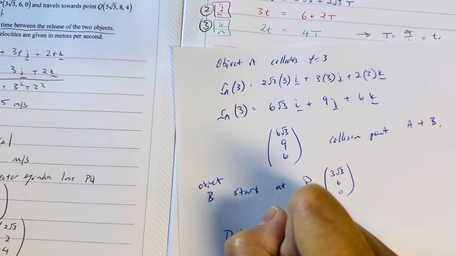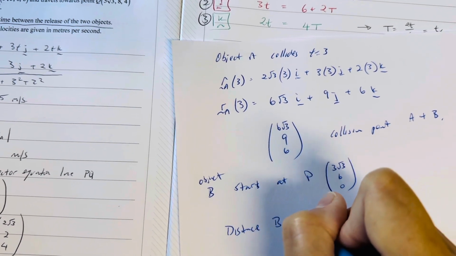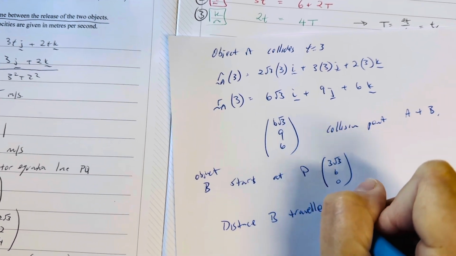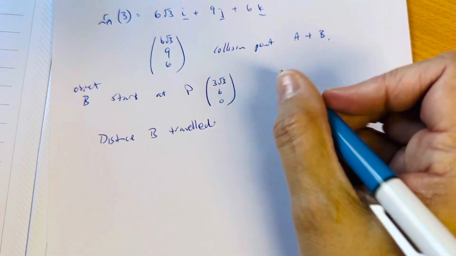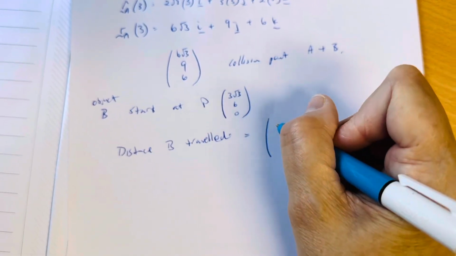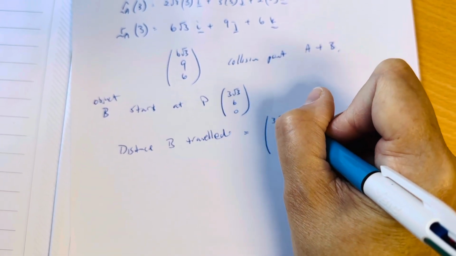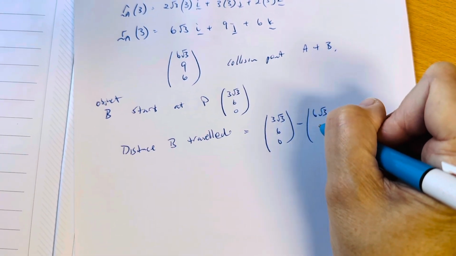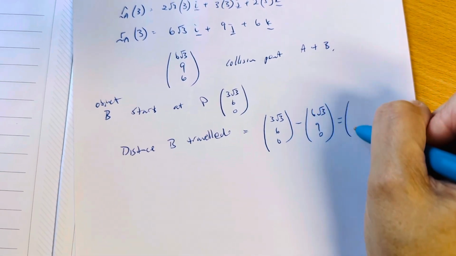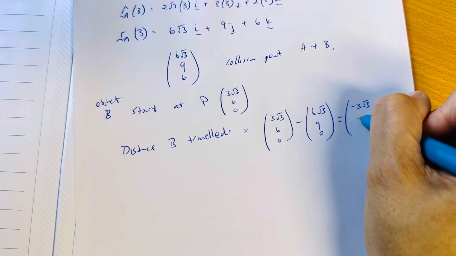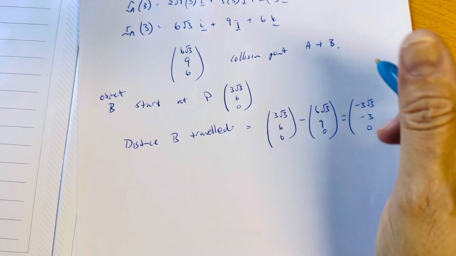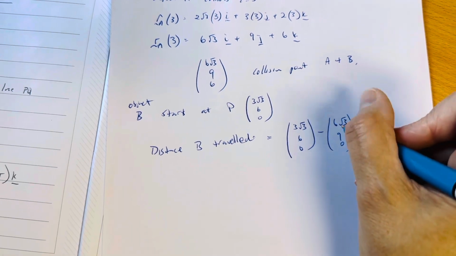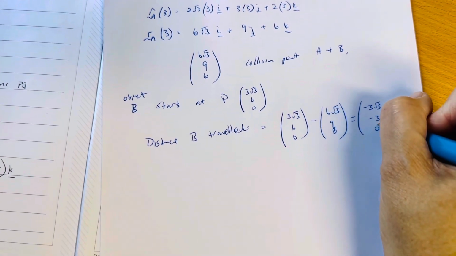So the distance B travelled from (3 root 3, 6, 0) to (6 root 3, 9, 6) is negative 3 root 3, negative 3, negative 6. Oh, sorry, that's a 6. Apologies.